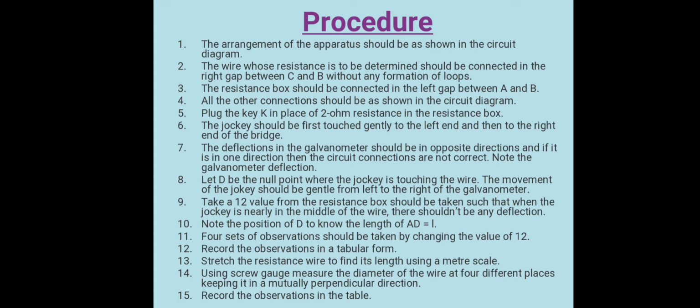We have connected one resistance box and an unknown resistance. At first, one of the keys of the resistance box is taken out. If we take out 1 ohm or 2 ohm, whichever, that is the fixed resistance in one of the parts. The unknown resistance can be found out now.